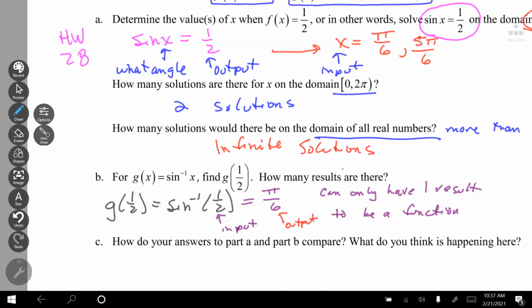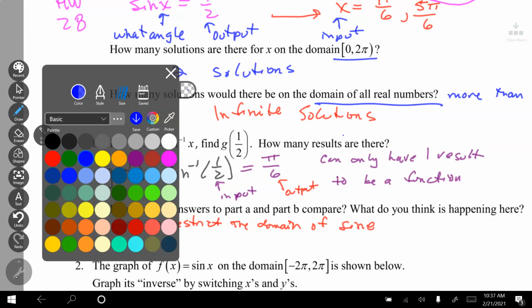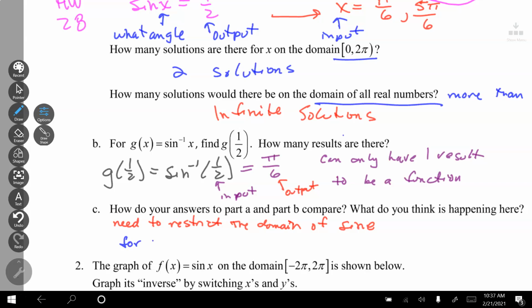So what's going to have to happen is that when we compare A and B, we need to restrict the domain of the sine function in order for the inverse to also be a function.